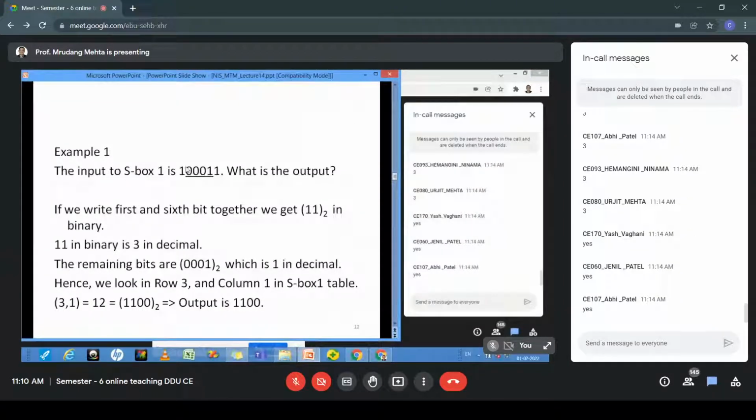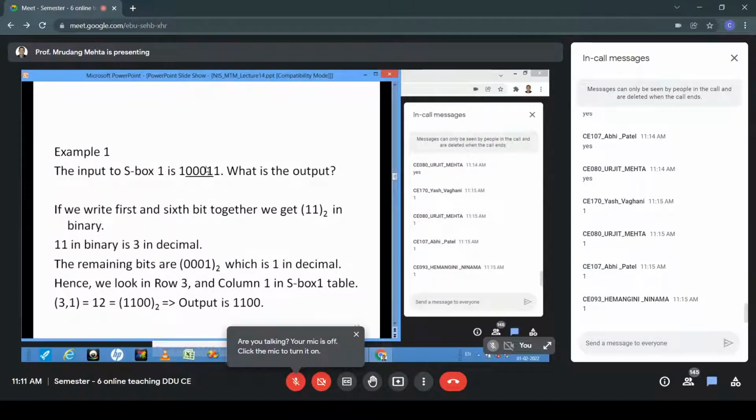Now the remaining bits, these underlined bits, are bit number 2 to bit number 5. So 0 0 0 1 in binary. What is the equivalent of this in decimal? Remember 8421?